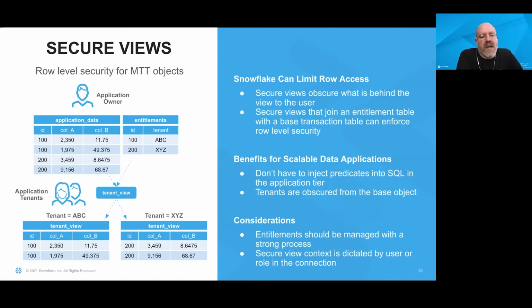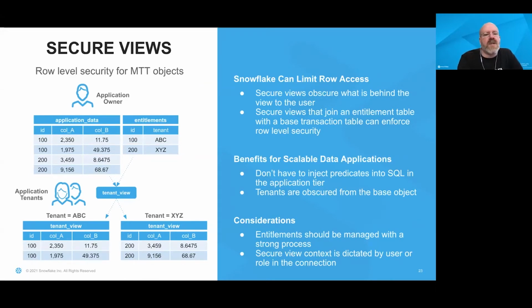And in your application table, as I mentioned before, you have that very clear tenant ID delineation for each row. And what that means is your tenants that are coming in, based on some identifier, either through database user or through database role, we can say this tenant is supposed to see this slice of the data, as you can see there in ABC, while tenant XYZ is supposed to see a different slice of the data.